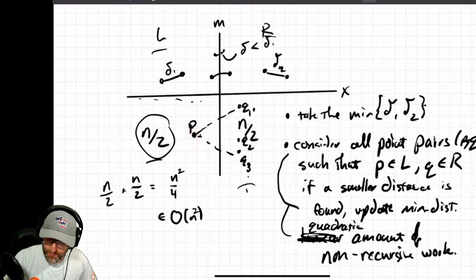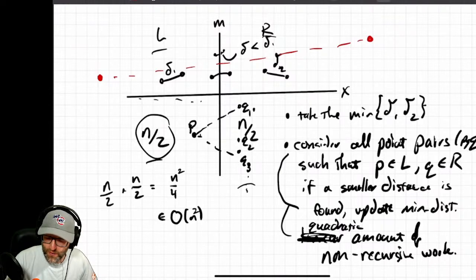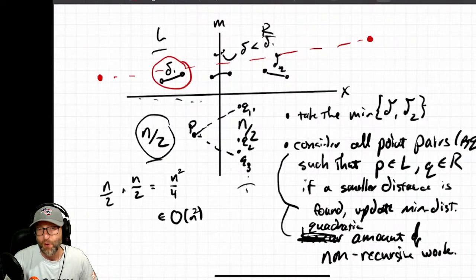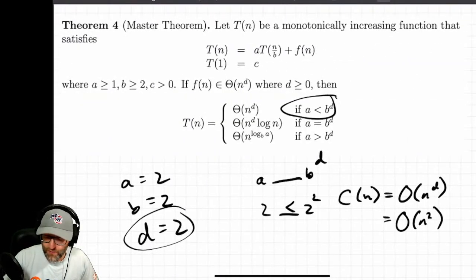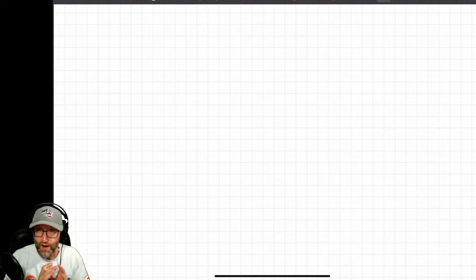If I've got a point here, do I really have to compare it to all the other points over here? If I had a point way over here and a point way over here, do I really need to consider that distance when I know that the minimum distance that I've already found is much smaller than that? No. How can we exploit that? I don't have to consider every single point. I only have to consider points that might be a distance closer than delta.